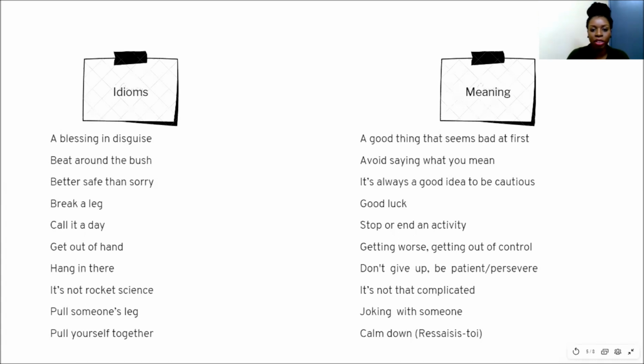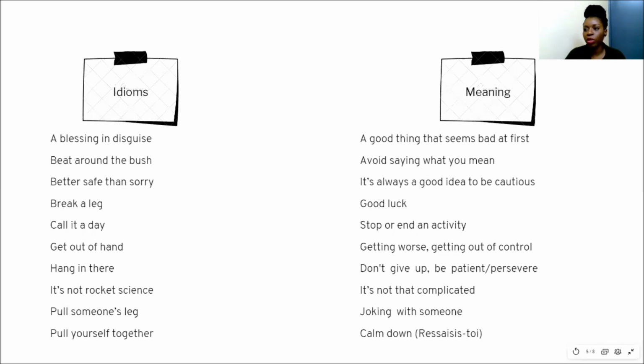Another one is to beat around the bush. So you can say, I was talking to my brother last night, and I could tell he wanted to say something important, but he just kept beating around the bush. To beat around the bush is when you're speaking and you have something to say, you don't say it directly, but it's almost like you're hesitant and you try to use other words instead of just going straight and saying what you want to say.